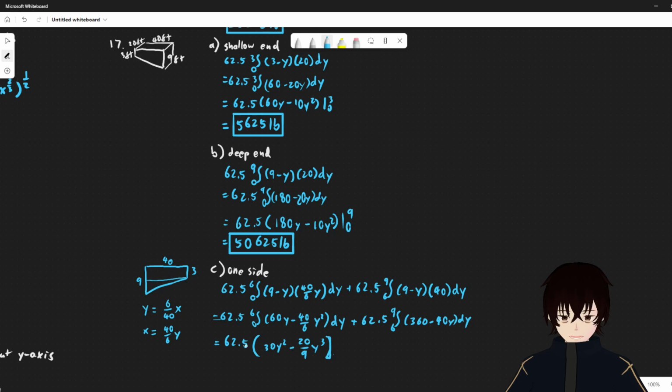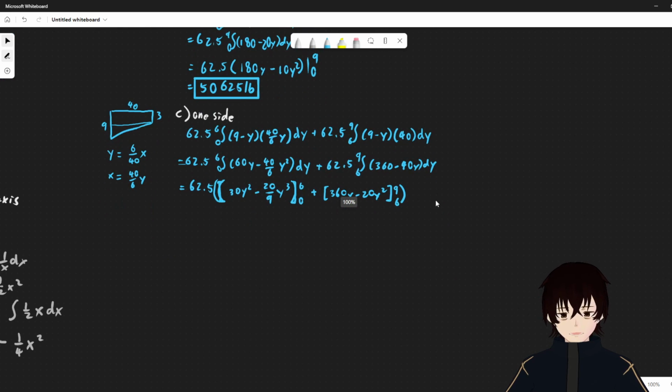We should do it this way. This goes from 0 to 6, plus 360y minus 20y squared from 6 to 9. And now it is time for the calculator.